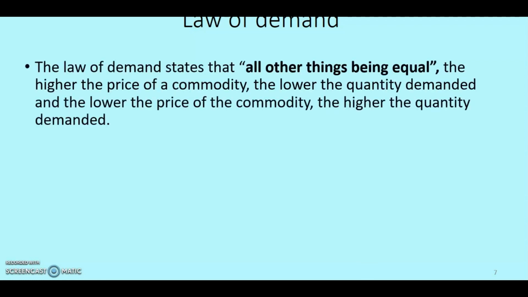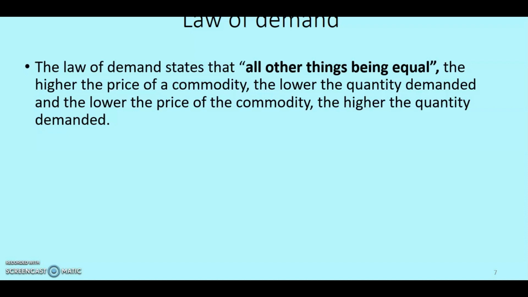Then another concept, we look at the law of demand. This is one of the laws we have in economics. Now let's state the law of demand. The law of demand states that all other things being equal, the higher the price of a commodity, the lower the quantity demanded. And the lower the price of the commodity, the higher the quantity demanded.